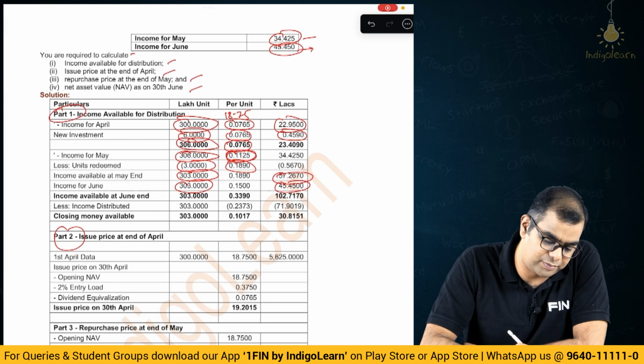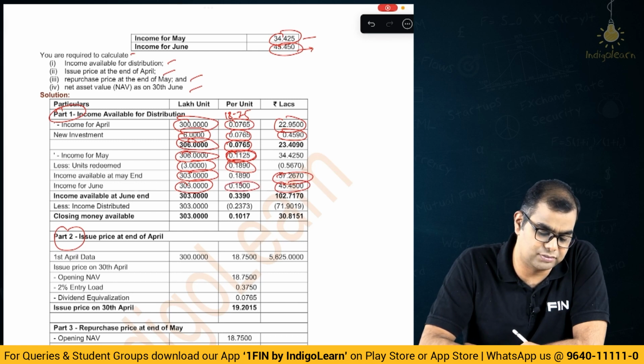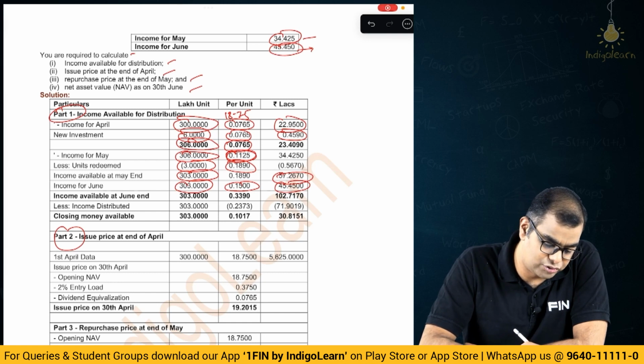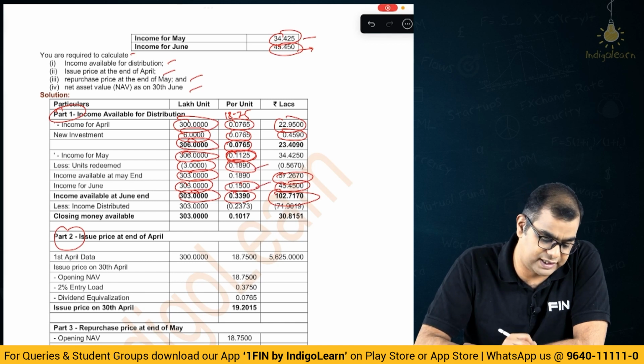45.45. So, you add 45.45 to that, which is basically about 15 paisa, because 45.45 divided by 303, you get 0.15. So, you totally have 303 units and total income is 102.7170, and the total income per unit is this 0.189 plus 0.15, which is basically 0.3390.